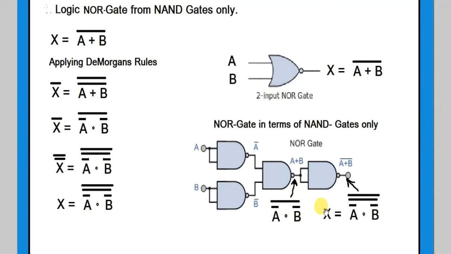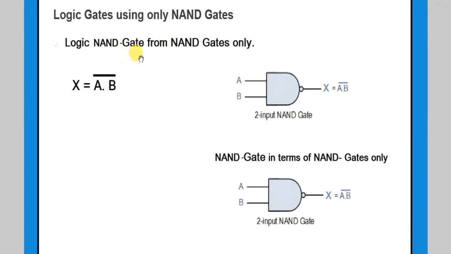Then we put another NAND gate, we get the double complement, which is equal to A or B complement, which is called the NOR gate. So we express the NOR gate in terms of the NAND gates only. The NAND gate from the NAND gate, obviously NAND is the same, we don't need to convert because it's the same gate expressed as a NAND gate.